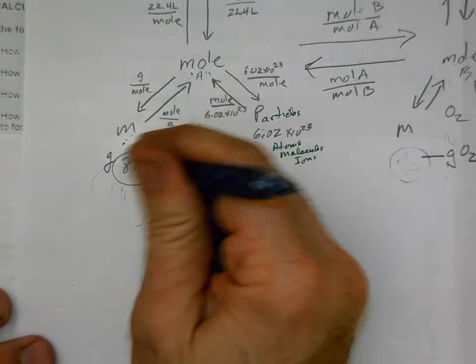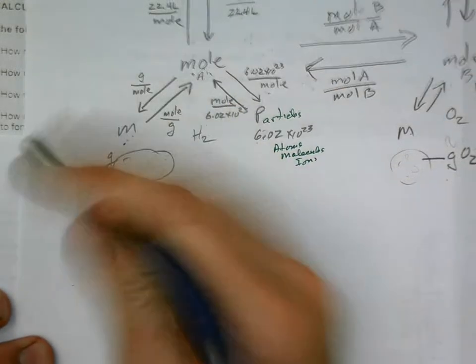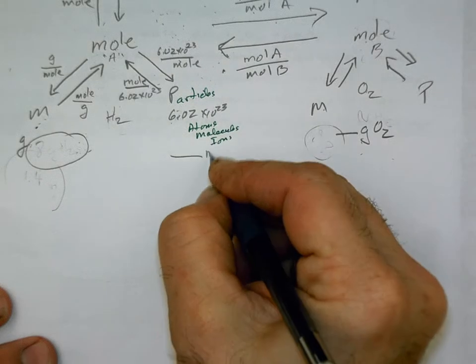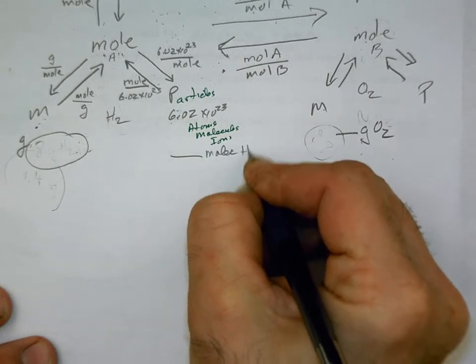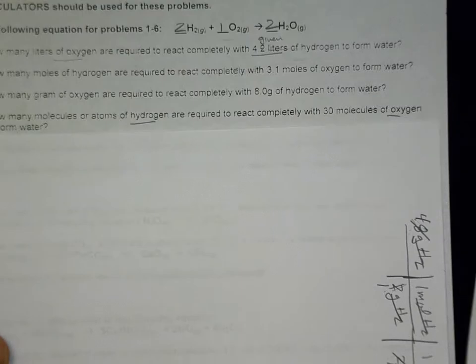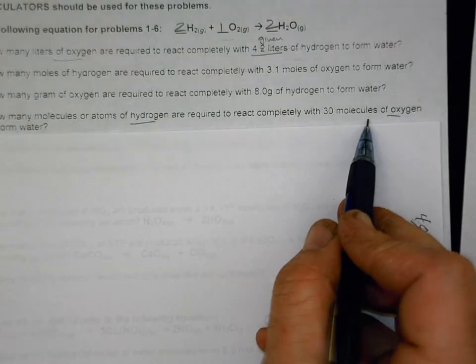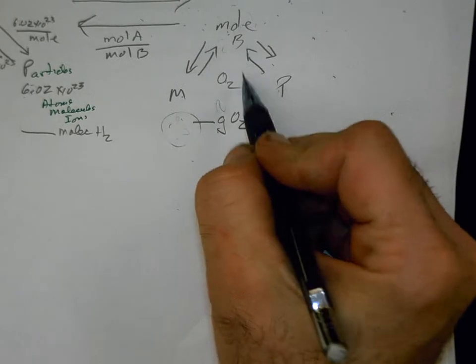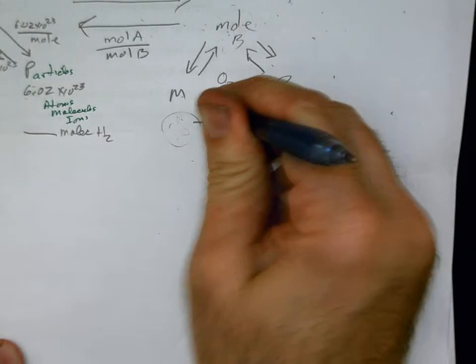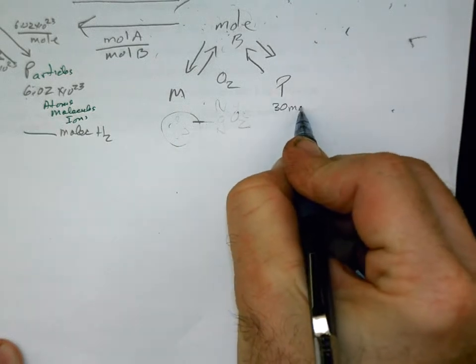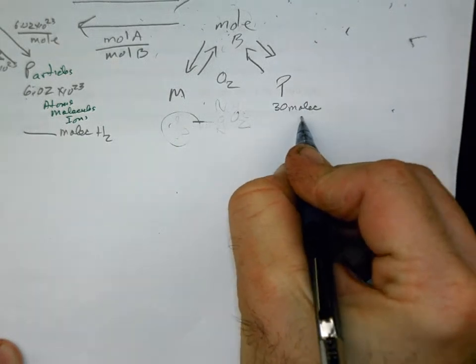So we're looking now for hydrogen. I'm going to erase this, it was my given in the other problem. We're looking for blank molecules of H2, and we're given 30 molecules of oxygen. So I'm going to come over here, this is still my oxygen side, but this time oxygen is given, and it's 30 molecules of O2.